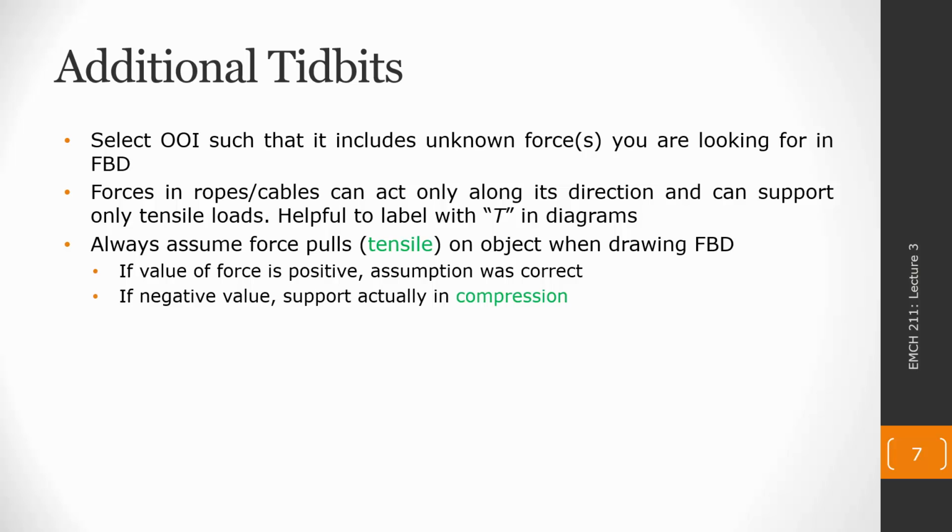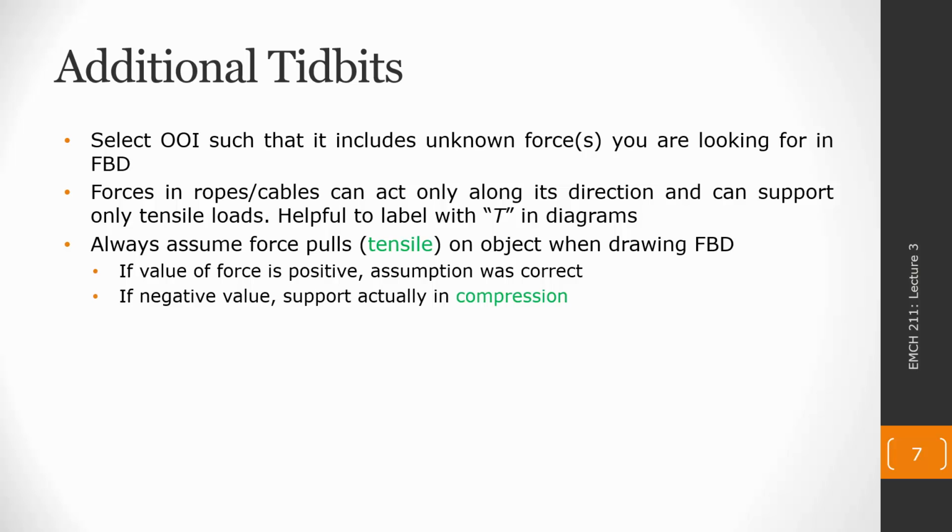We're not going to see this too much in particle equilibrium, but definitely in rigid body equilibrium. If we always assume that forces are in tension, if we get a positive answer, that's going to mean our assumption of tension was correct. And if we get a negative answer, that's still okay. As long as we were consistent, a negative answer is going to tell us that that support was actually in compression.